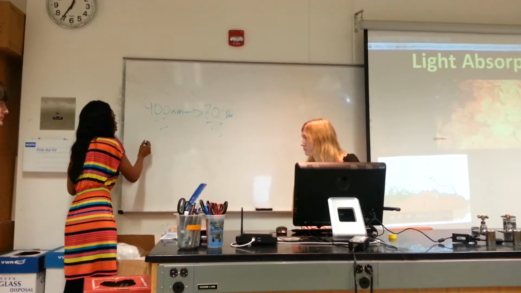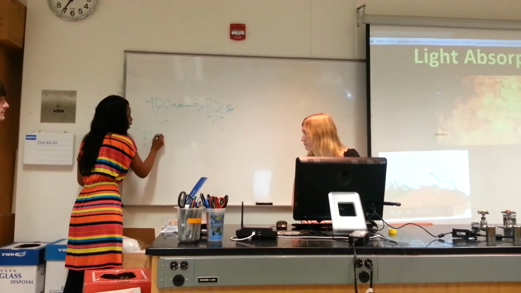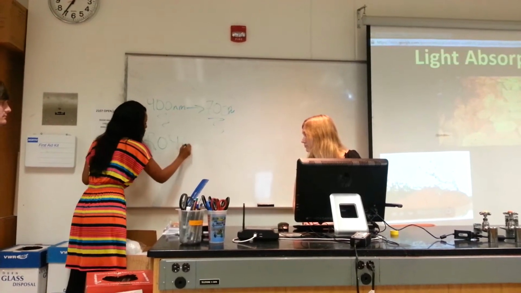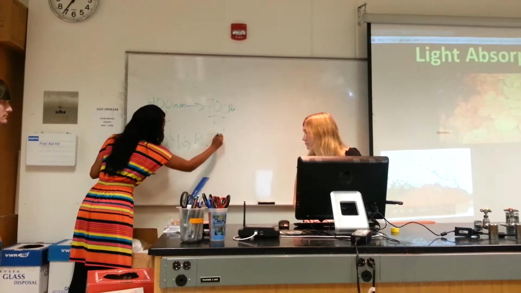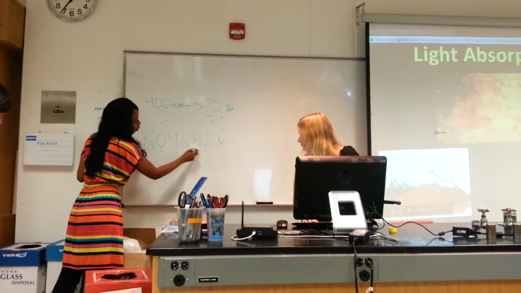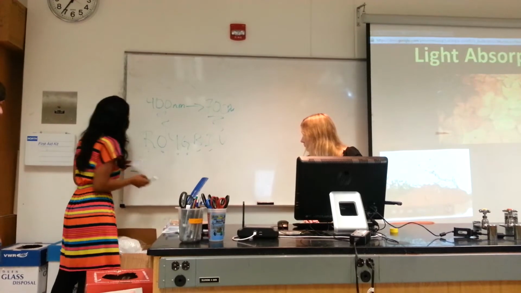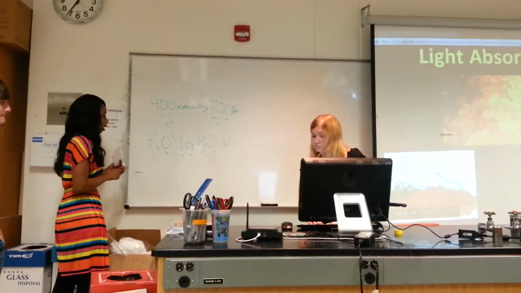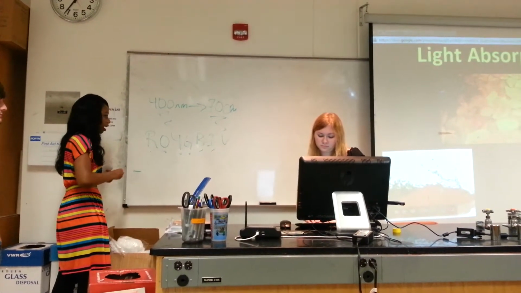And also, the visible light spectrum has colors, which is ROYGBIV, also known as red, orange, yellow, green, blue, indigo, and violet. And red has your lowest energy, and violet has your highest energy.